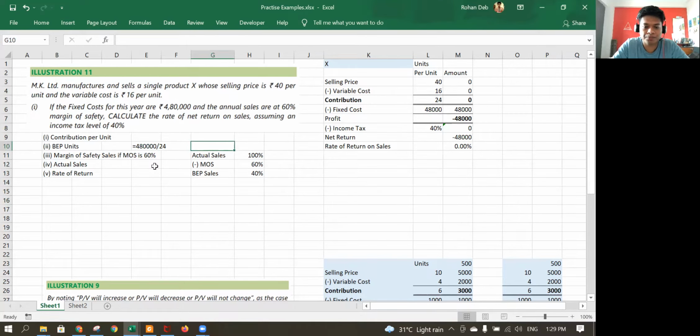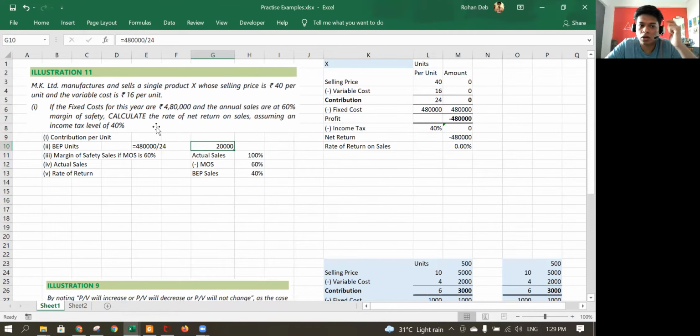That would come to 20,000 units. So I've just put it over here. Break-even point in units for me is 20,000. So at 20,000 units, I have neither profit nor loss.